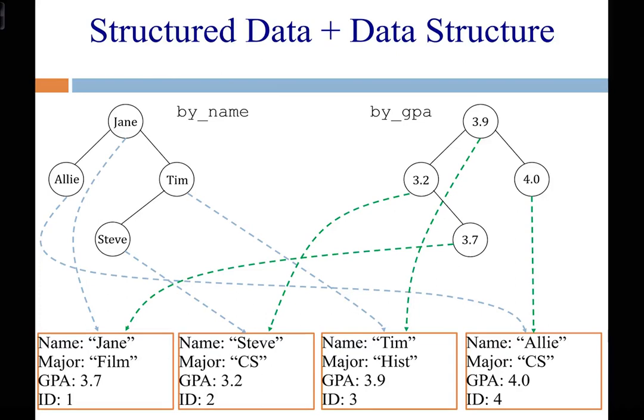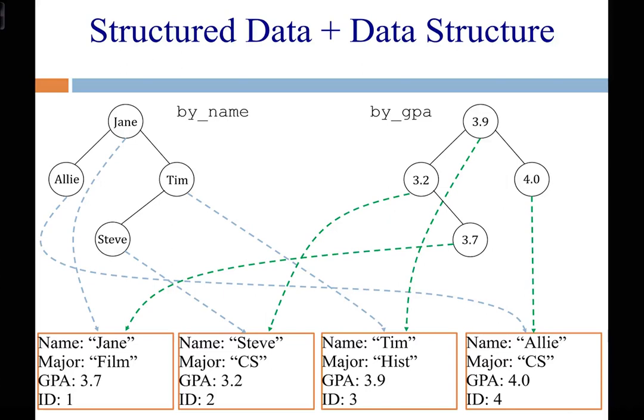Say they're ordered by name, that's great, but it doesn't help us order them by GPA. That's not a problem though, because we can build auxiliary data structures. By just adding one level of indirection, we can point to the records in some arbitrary different order without actually rearranging the orange records.